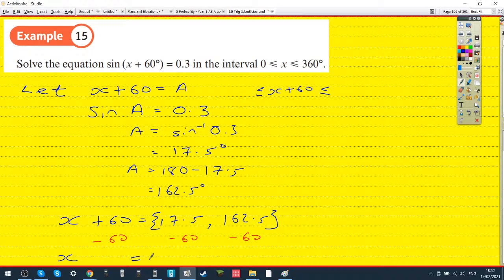Minus 42.5. So we're subtracting 60. And 102.5 for the second one. However, we didn't change our range. This is x plus 60.